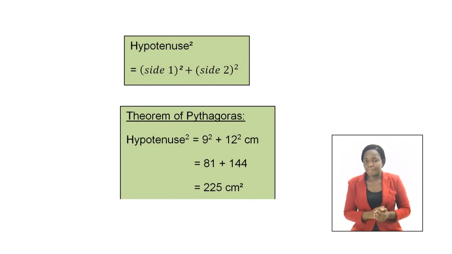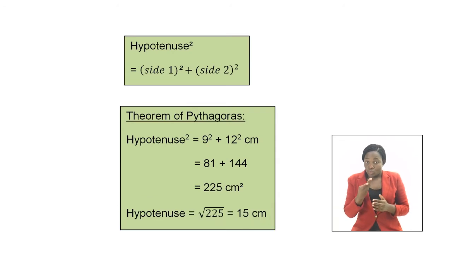But this is not the final answer, remember? The hypotenuse is still squared, and we do not want the squared amount, but the length of the actual side, so we calculate the square root of 225. My calculator gives it as 15. Okay, so the missing side is then 15 centimeters.